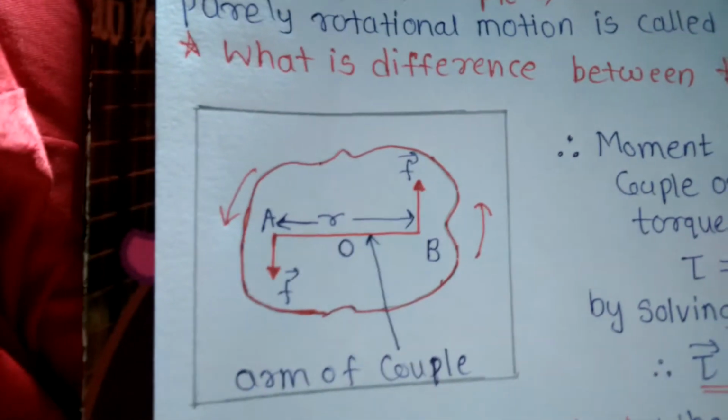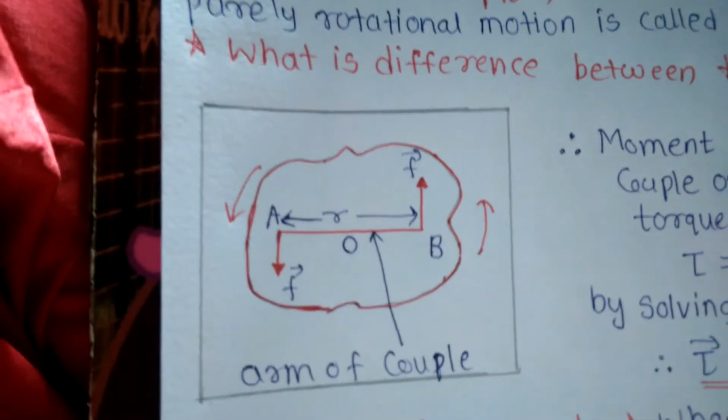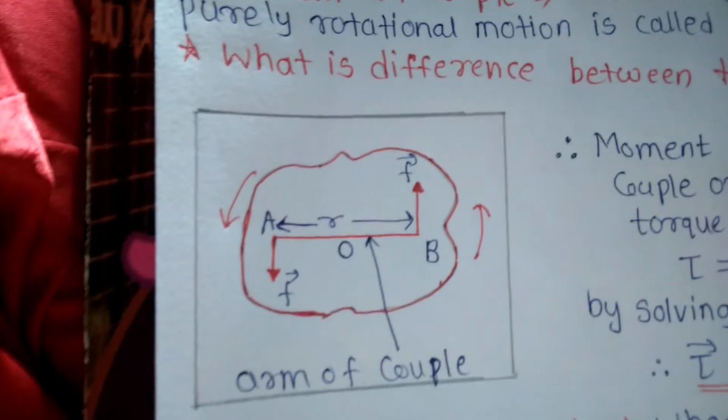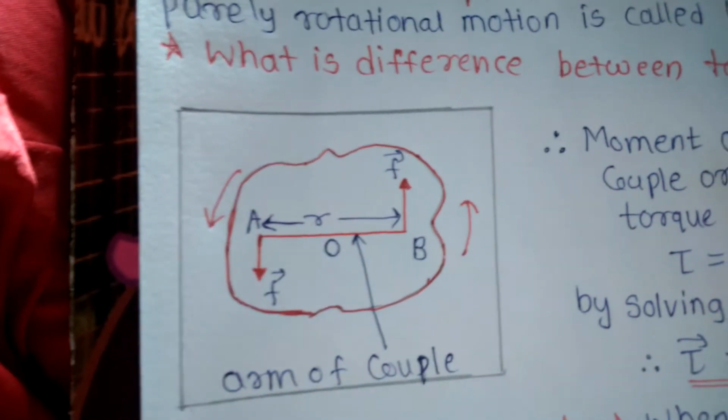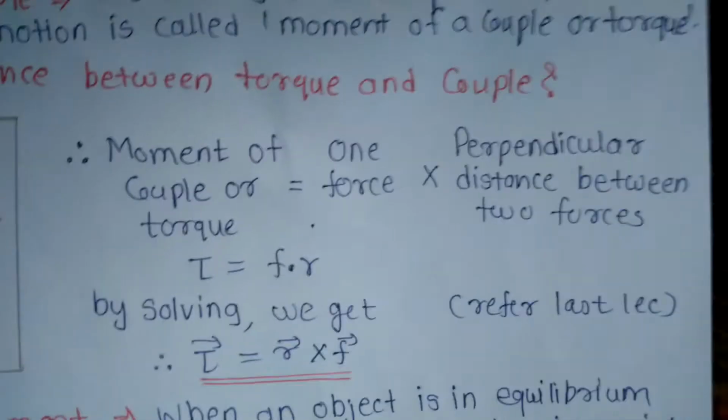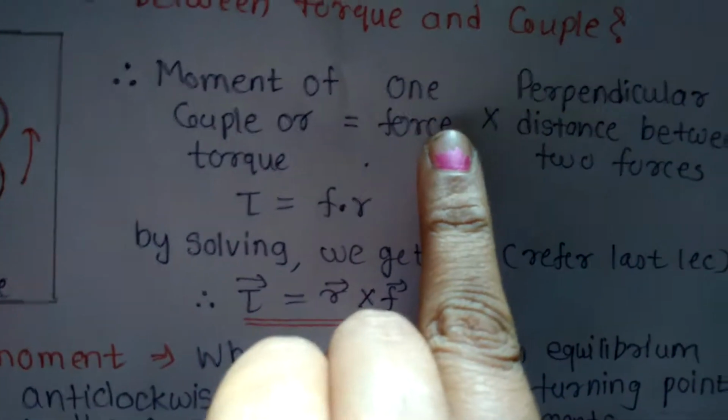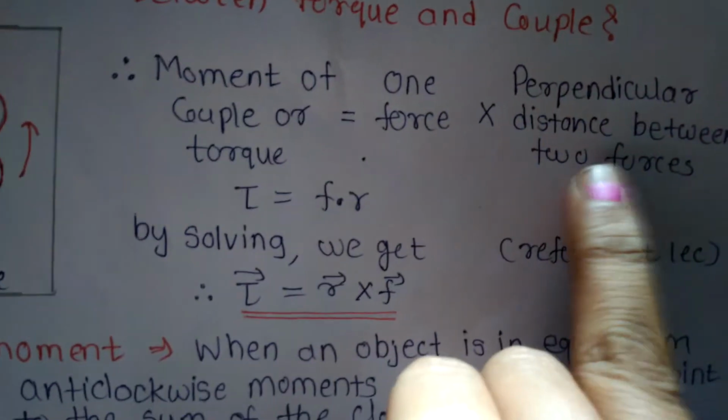Please refer to my last lecture on moment of force, then you can understand moment of couple suitably. So moment of couple is given by the formula: one force into the perpendicular distance between the two forces.